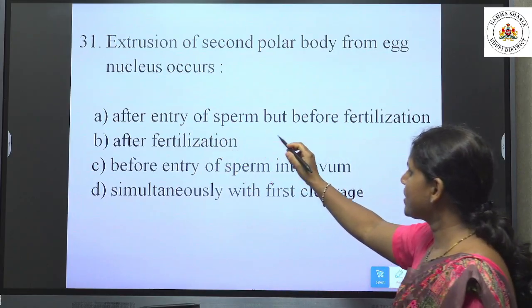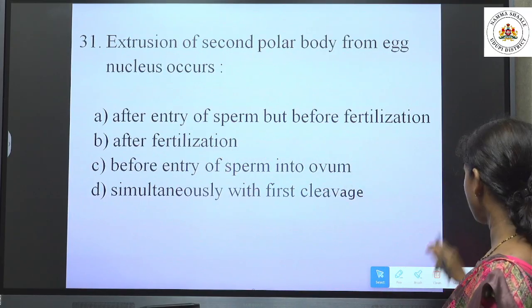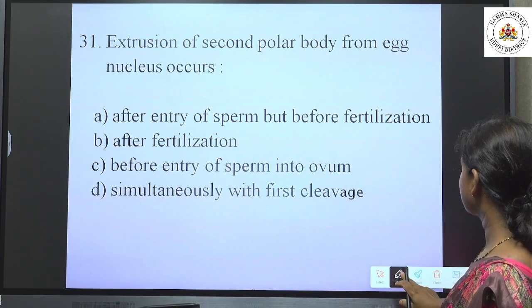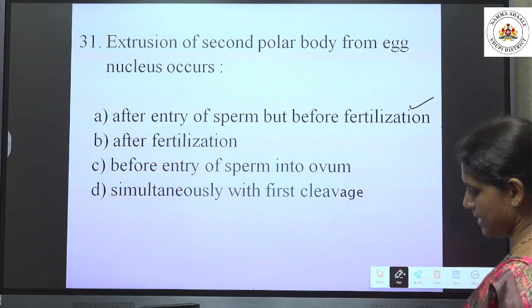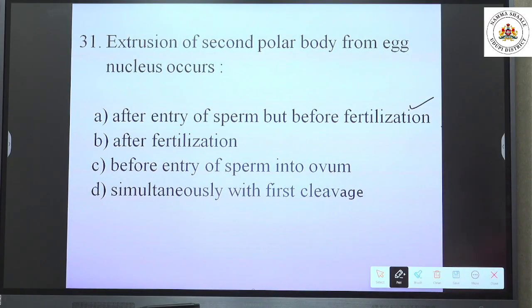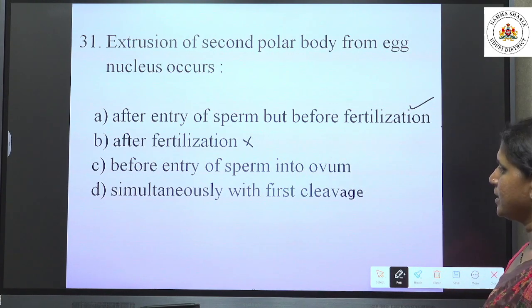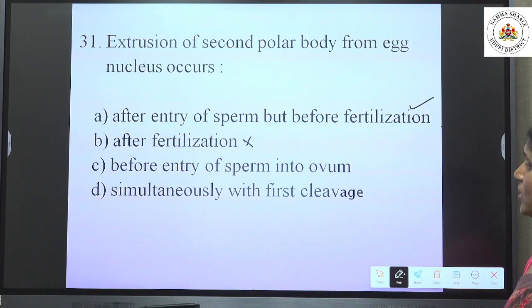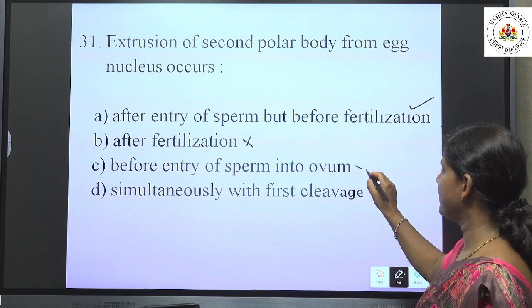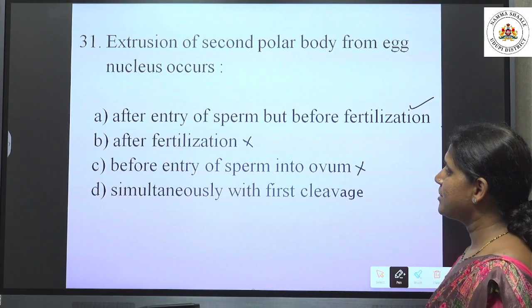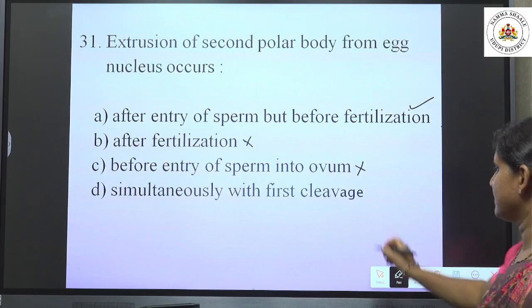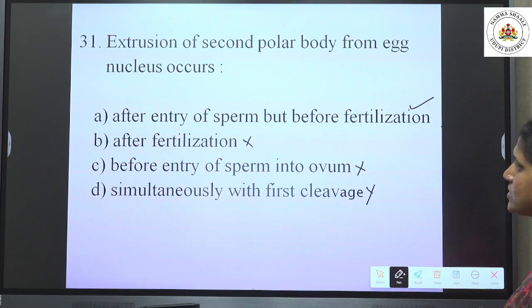B, after fertilization, is wrong. Before the entry of sperm into the ovum is wrong. Simultaneously with the first cleavage, once again wrong. So the answer is A.